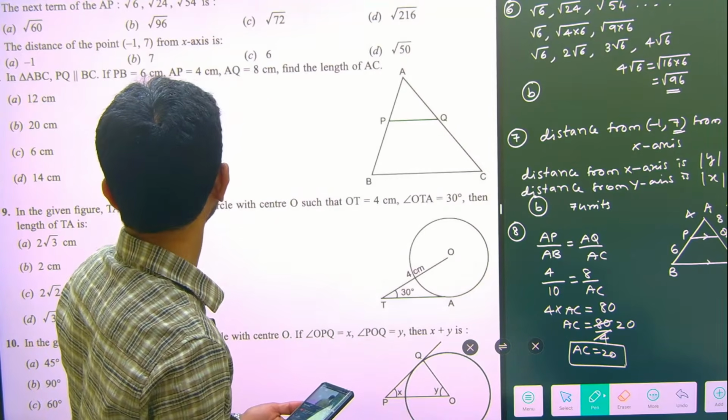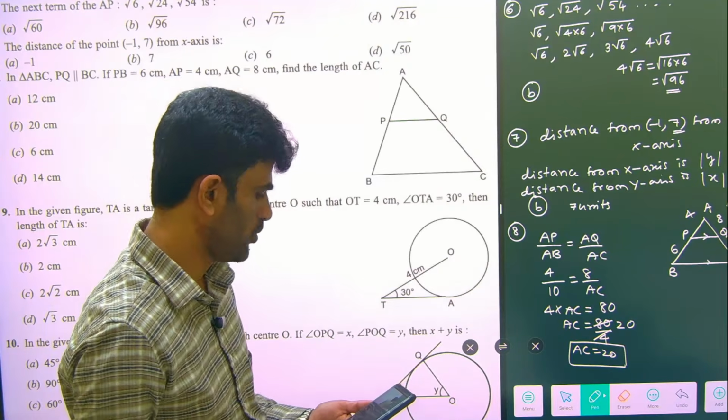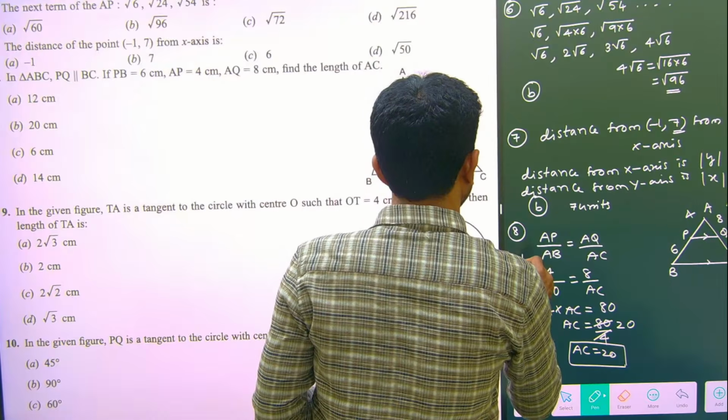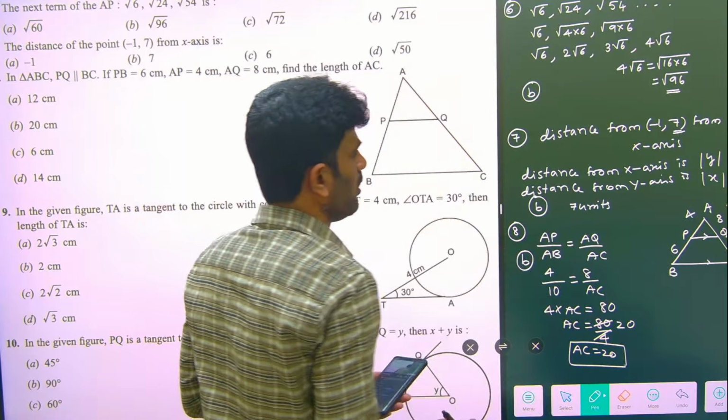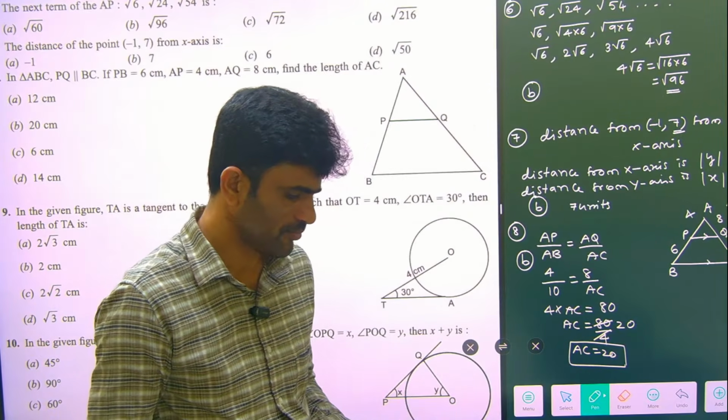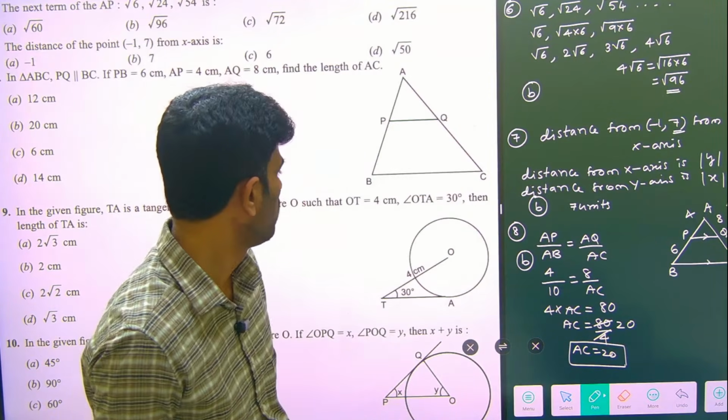They're asking AC. AC is 20, not 12. Option B. AP by AB is equal to AQ by AC. Understand?